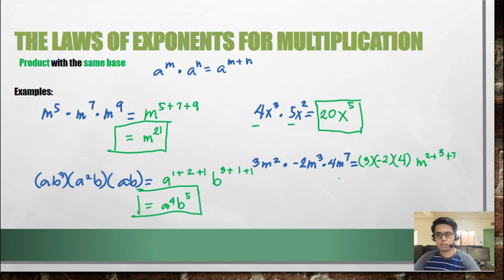Okay? Actually, pwede nyo nang skip tong step na to pag nakapag-practice na kayo, pwede nyo nang i-shortcut para yung solution nyo, clean na lang. Okay? So, 3 times negative 2 times 4, yan ay negative 24. Okay? Tama ba? Okay, tama. Correct. Then, m raised to 12. Okay? So, that is our answer.